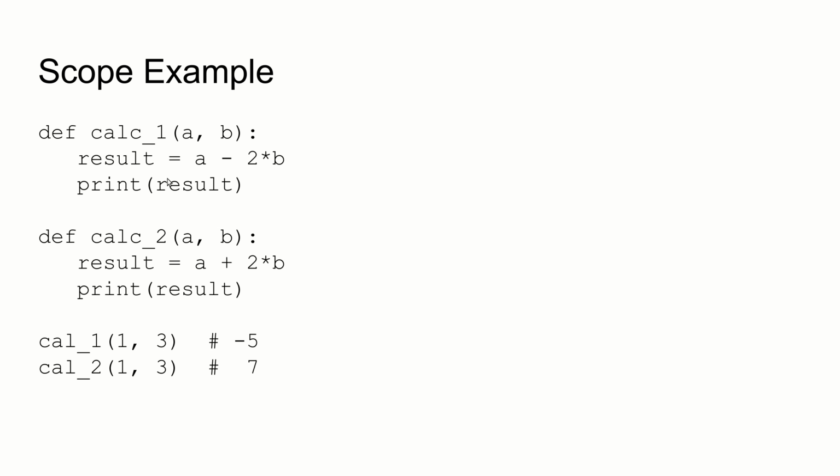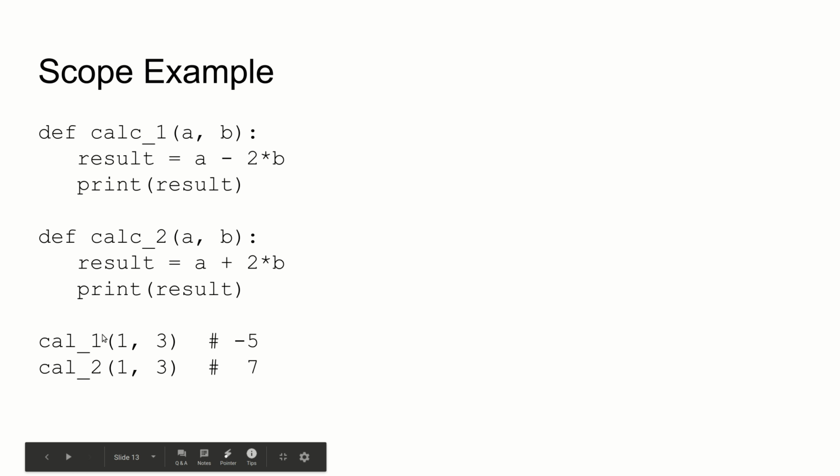It does not return it. And likewise, calc2 creates a variable called result and stores in it a plus 2 times b. So different result variable in each of these, and it will have a different value in each of these. And when it prints out result here, it will be different than the one above.